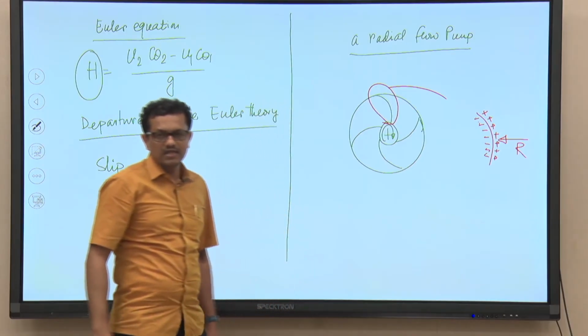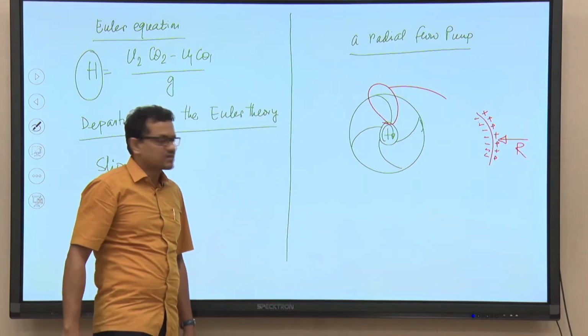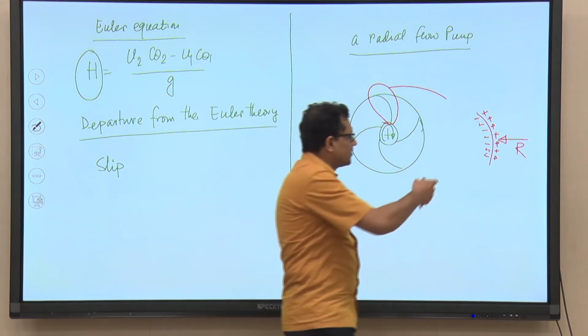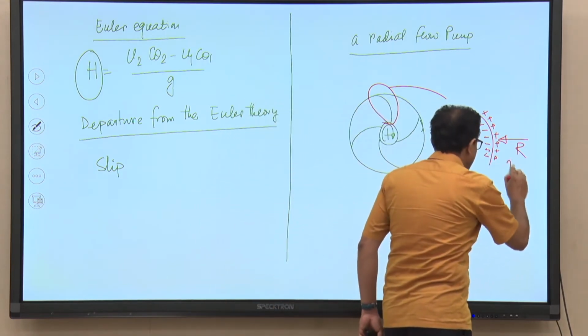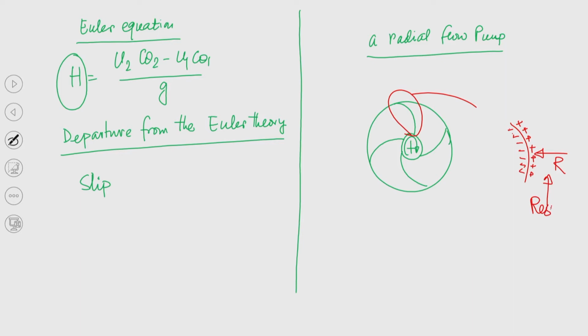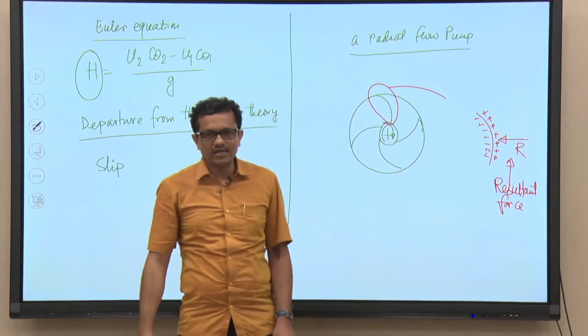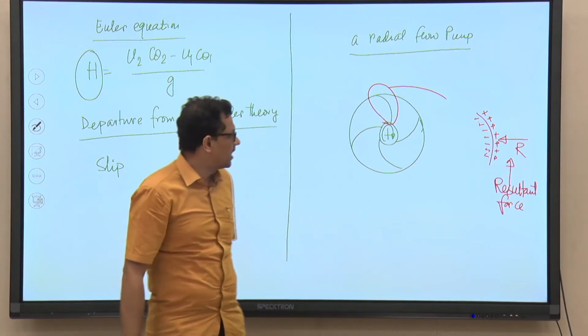That is what we discussed in detail in the previous class, and that is definitely because of this resultant force. So, this is the resultant force, right. The resultant force acting on the convex side is high, and force per unit area is the pressure, so definitely pressure will be higher.